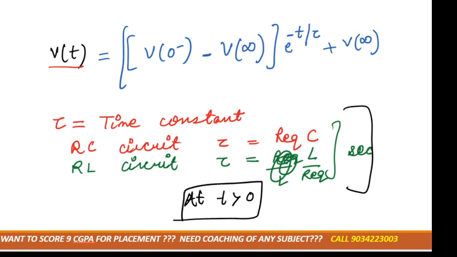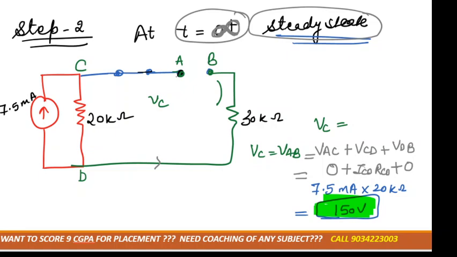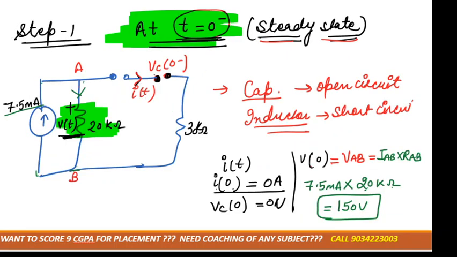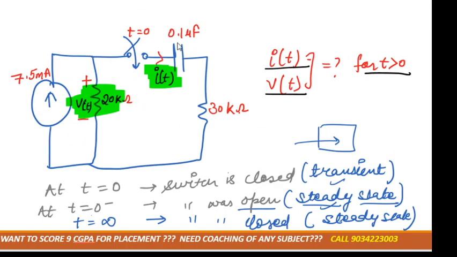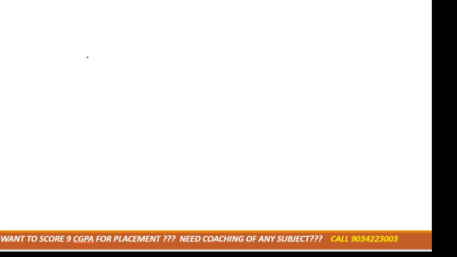Okay, so do we know V of 0 minus? Let's check the condition. This is the voltage across the capacitor now, so there is no change in the voltage across the capacitor. That is Vc 0 minus is equal to Vc of 0 plus.